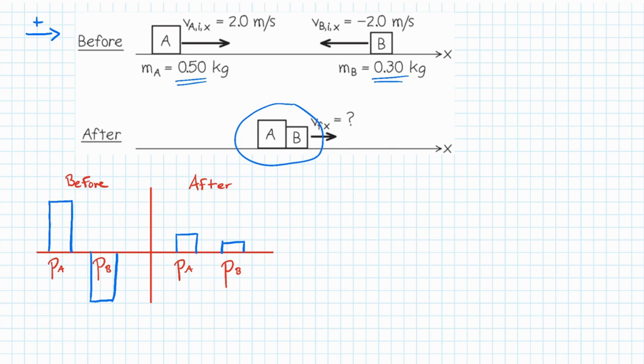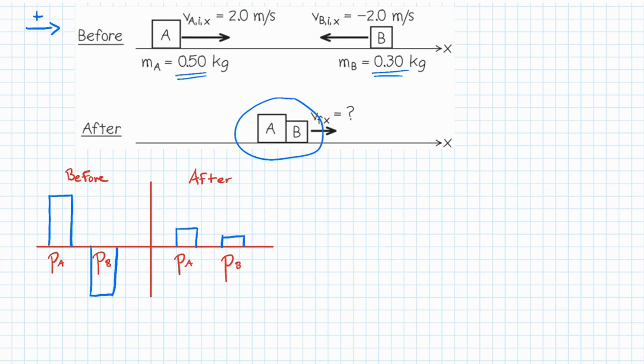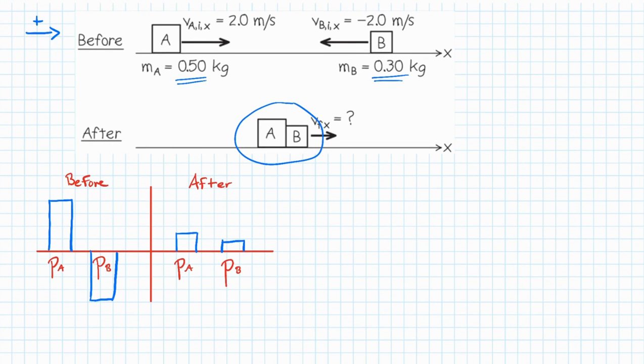All right, so let's go ahead and make this into an equation then. So we have the momentum of A plus the momentum of B at the beginning is going to be equal to the momentum of A plus the momentum of B at the end, or afterwards. And then I just need to put in mass times velocity for each of these.